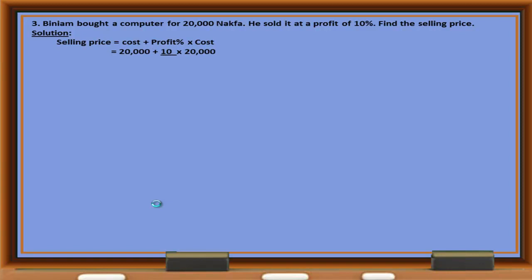Selling price is equal to, the cost was 20,000 plus the profit is 10 over 100 times 20,000. 2 zeros will be cancelled with just 2 zeros.